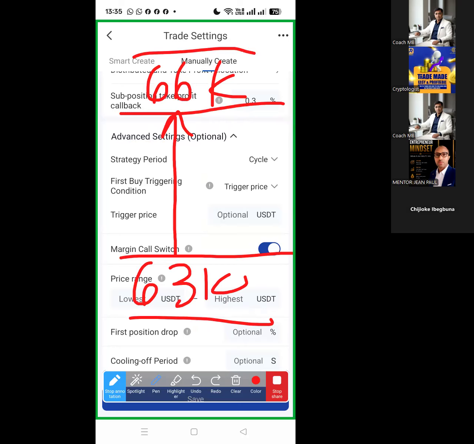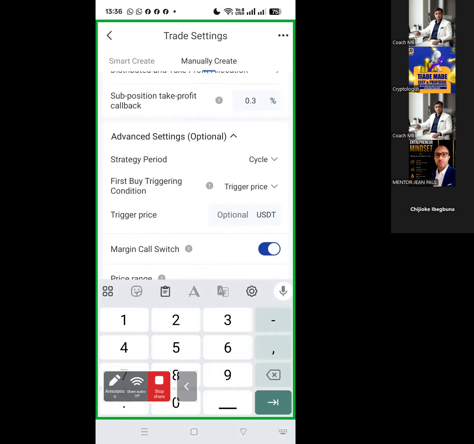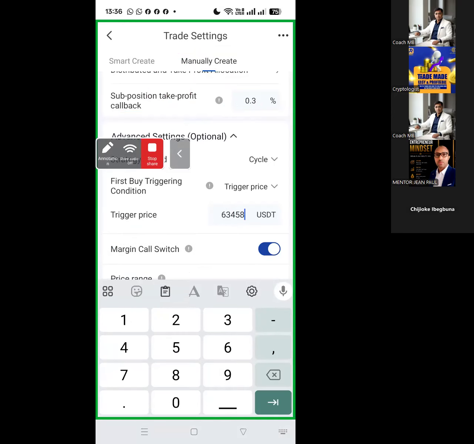So suppose you start here at $64,000 and you sell it around $65,000. But you want the robot always to buy at around the same price, $64,000, or right now it is 63,458. So you can put a price here. Suppose I put 63,458 here, right?